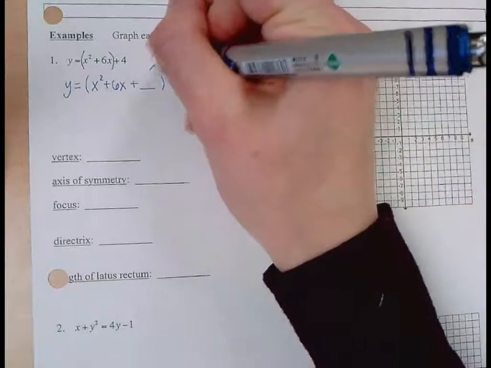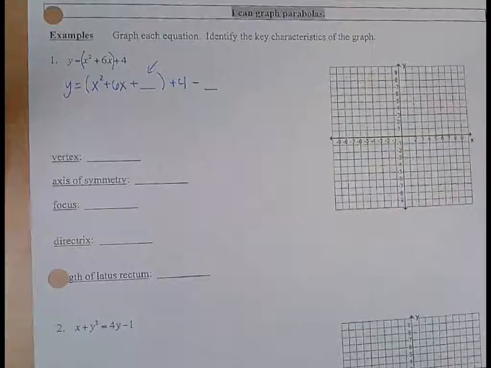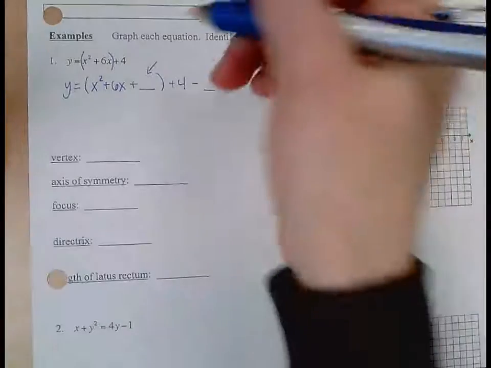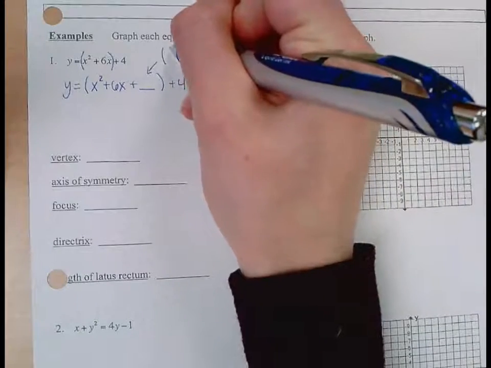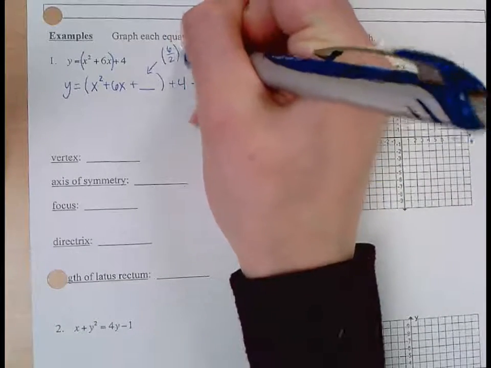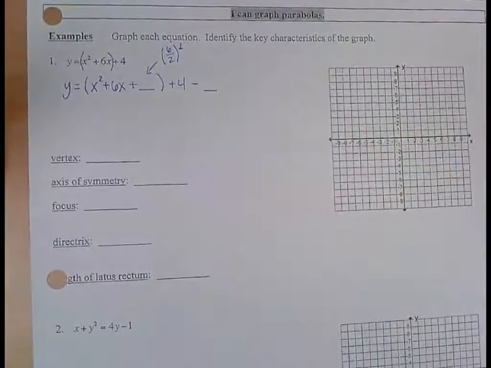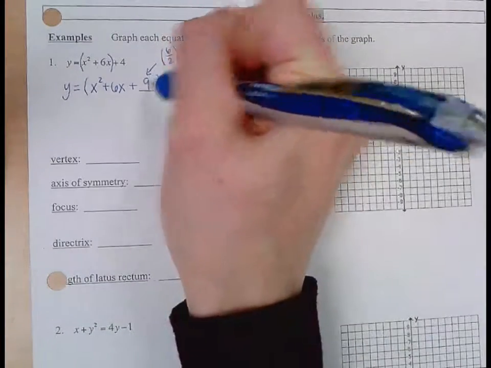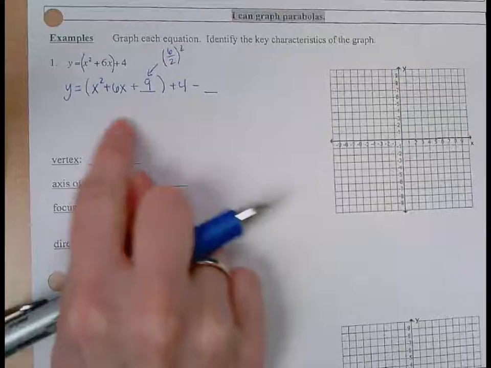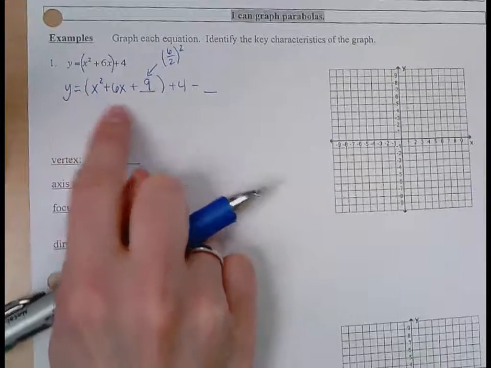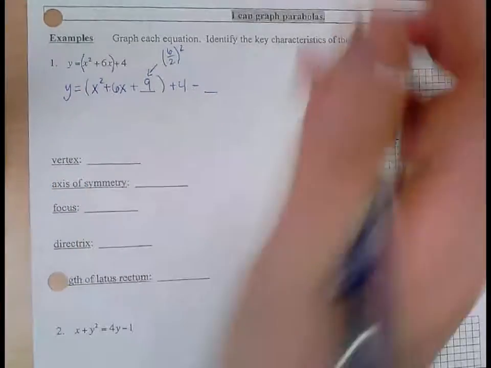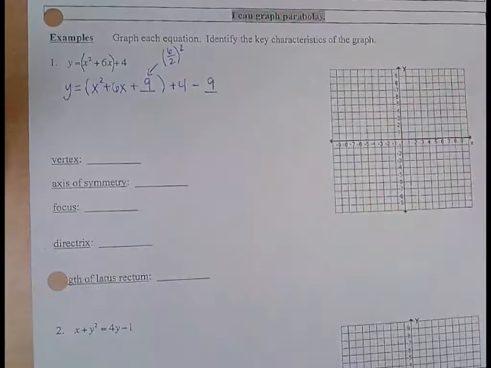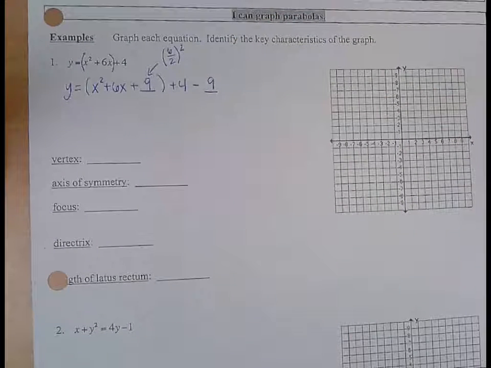So what number would go here, or how do we find it to complete the square? The b over 2, and then parentheses squared. Yes. So 6 divided by 2 squared is 3 squared, which is 9. And then I don't have anything to multiply that 9 by in front, so if I'm adding 9 here, I'm subtracting 9 at the end or on the outside to keep that balanced.